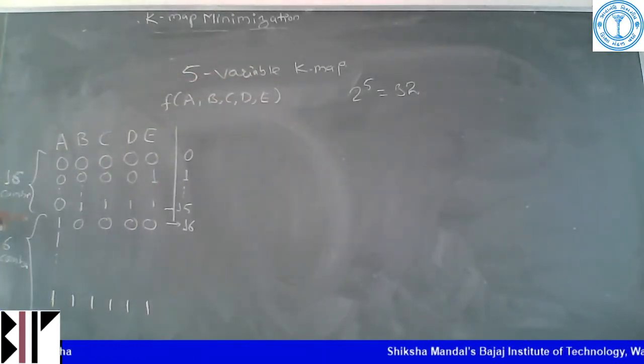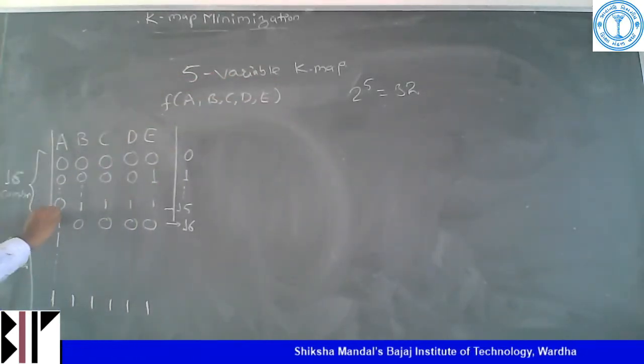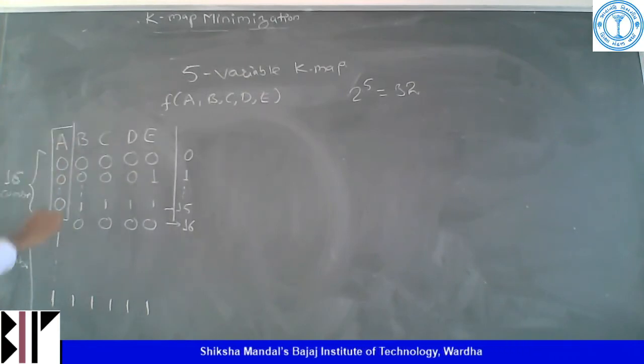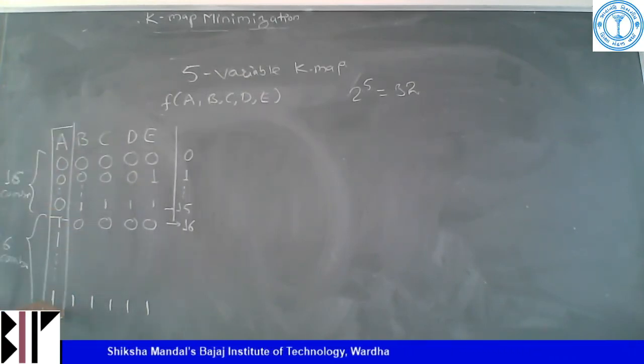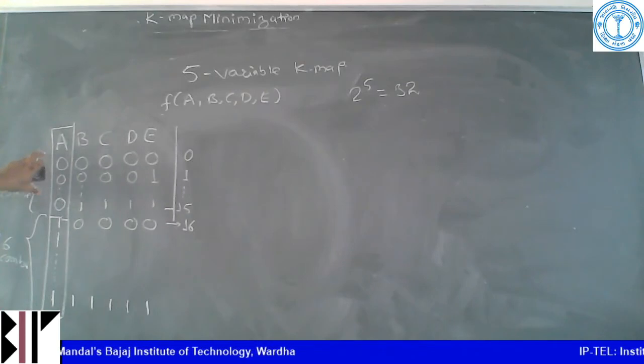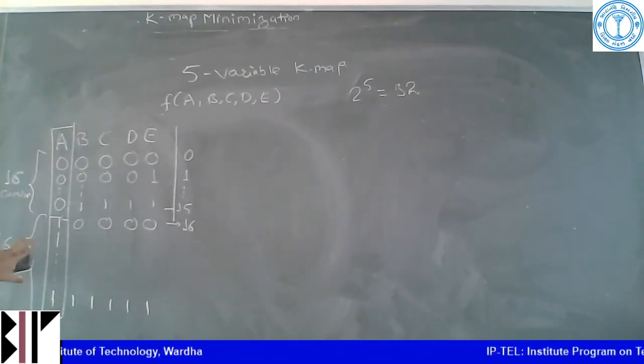You can see here my A variable is changing after 16 times. In the first 16 combinations it will be 0, and in the next 16 combinations it will be 1.